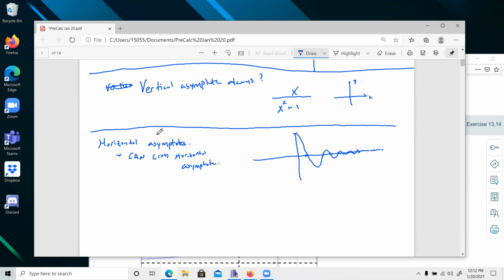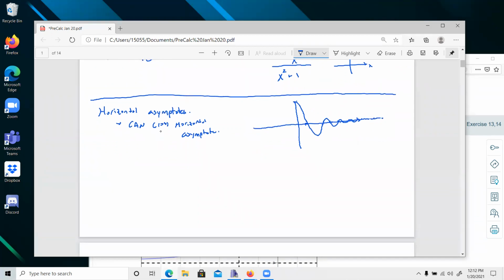So horizontal asymptotes are guidelines, not rules, but they do have properties that we'd like to expand to things like this. There's a number of different conditions that we have to check for horizontal asymptotes. For our rational functions, we have a p of x and a q of x.